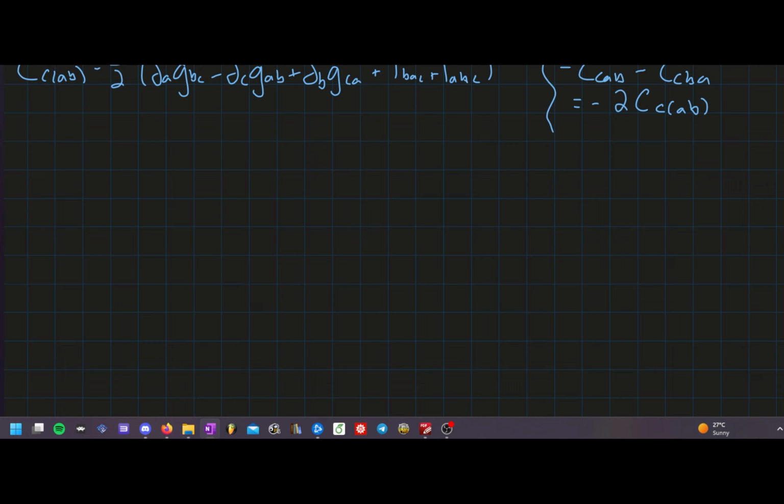Okay, but we can actually rewrite this C_{cab} thing. This is probably a roundabout way of doing this, but we know that C_{cab} is the sum of the symmetric and antisymmetric parts.